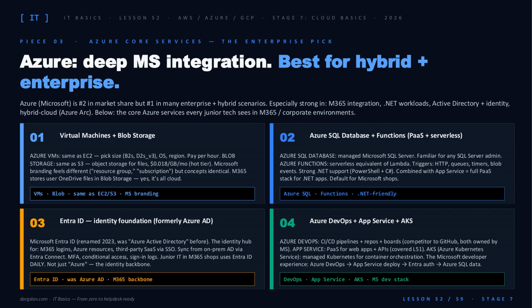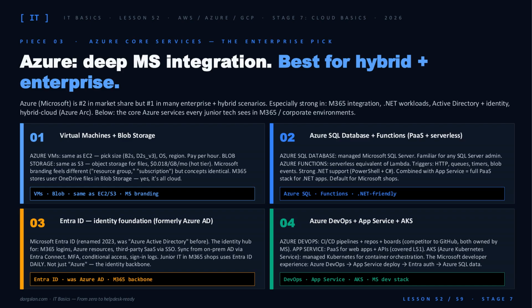The piece that really matters day-to-day, though, is Entra ID, formerly Azure AD, the identity backbone behind every M365 login, SSO and MFA prompt a junior tech will touch. And tying it together, Azure DevOps for pipelines, App Service for web apps, and AKS for Kubernetes, the full Microsoft developer stack.